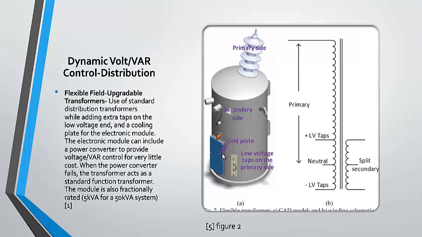When the power converter fails, the transformer acts as a standard function transformer. The module is also fractionally rated, 5 kVA for a 50 kVA system. And here is a nice figure representing that.